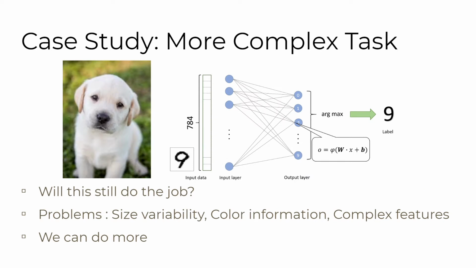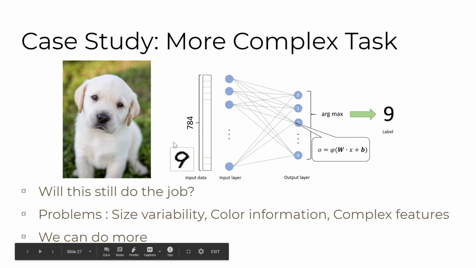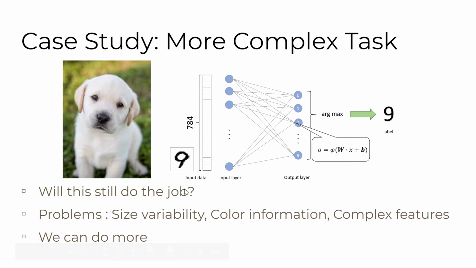So let's say you have a more complex task. How about an image of a dog, or a cat, for example? If it's an image of a digit, it's fairly straightforward to have a label of 9, then you get a 9.